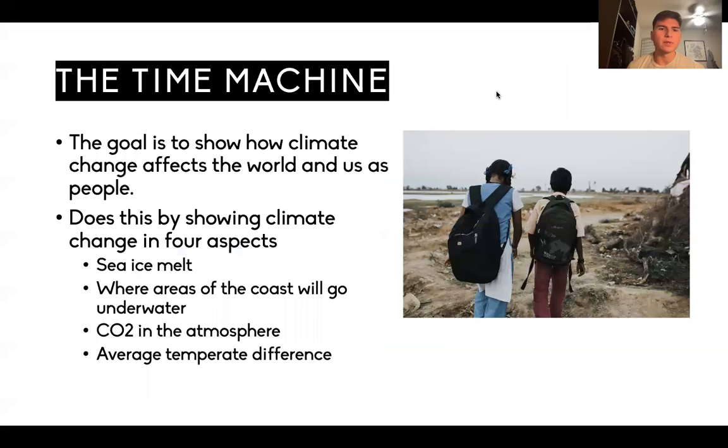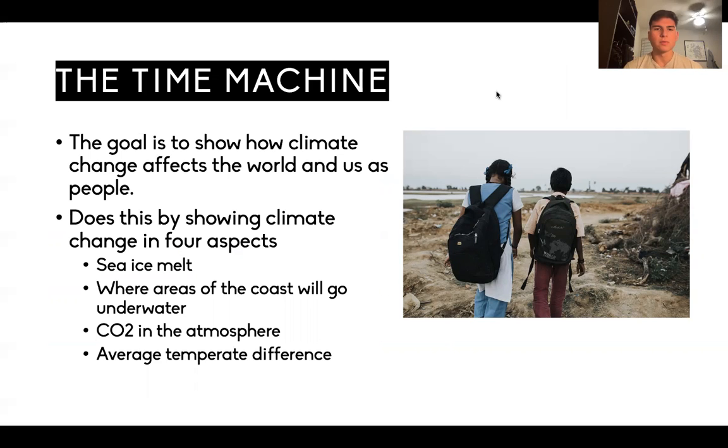So the goal of this time machine was to show the effects of climate change to us as people. I did this in four different aspects by showing sea ice melt, where areas of coast would be underwater because of the ice melt, carbon dioxide in the atmosphere, and how carbon dioxide would raise the temperature of the earth.